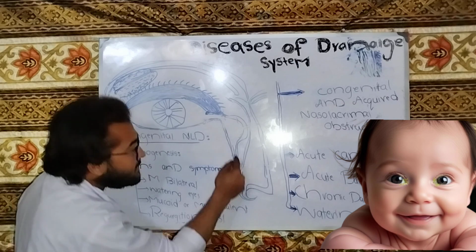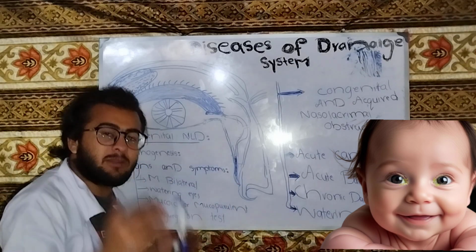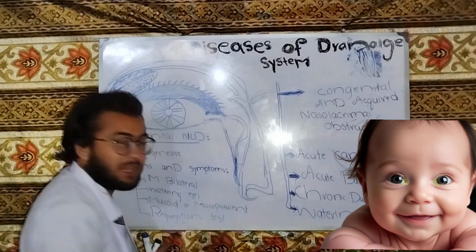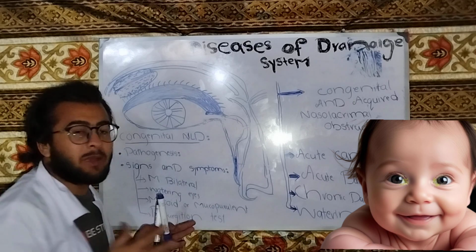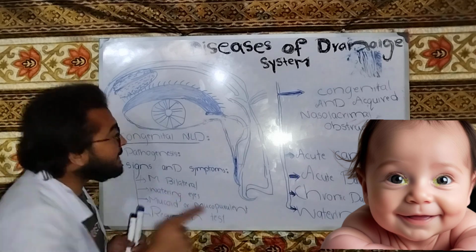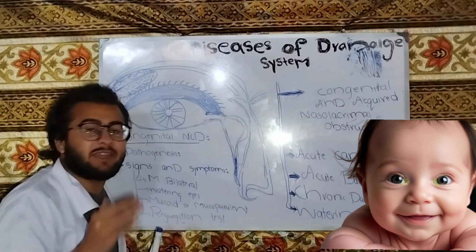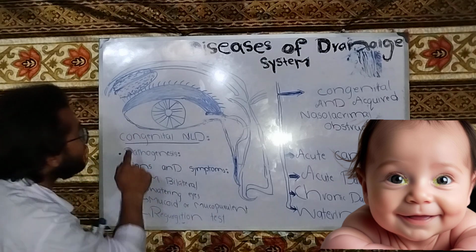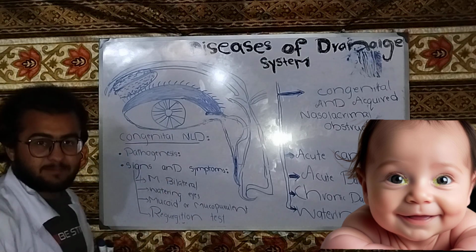So normally when a child is born, this membrane canalizes and there is a normal patency. But when this membrane remains non-canalized, then it results in congenital NLD.